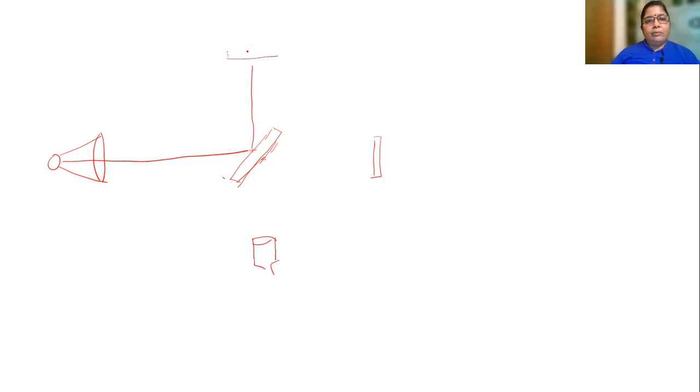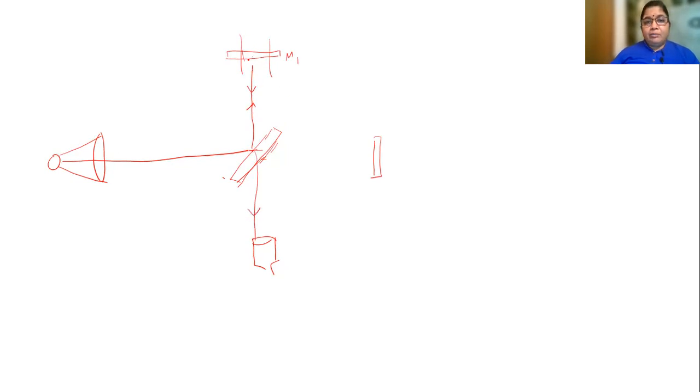It travels to the glass plate, and goes to mirror M1. Then it is reflected back from M1, passing through this partially reflecting and refracting glass plate. This beam will go straight to the eyepiece. This is the journey of the beam which goes to M1.